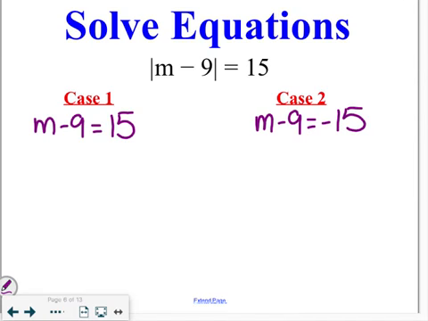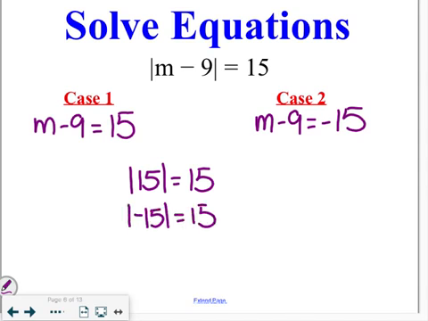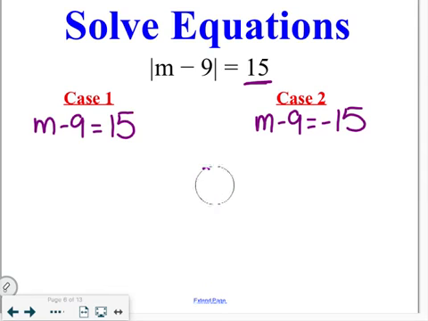Remember what we talked about just a couple of minutes ago. The absolute value of 15 is equal to 15, and the absolute value of negative 15 is equal to 15. Since we just have 15 as our answer, we don't know if they're talking about the positive case or the negative case. So we have to solve to find both of those possible answers.